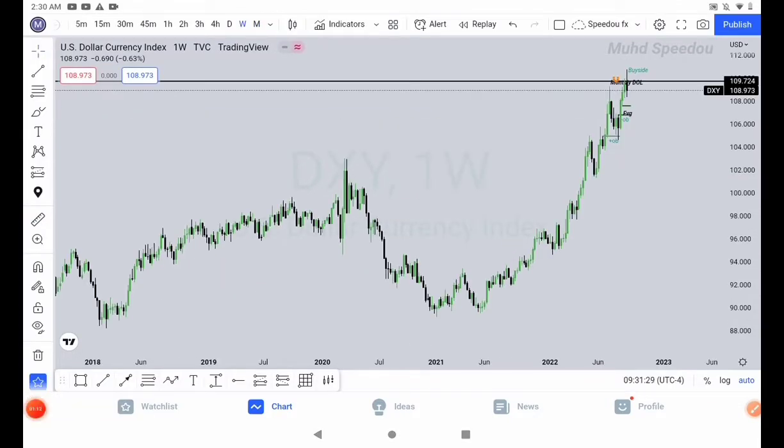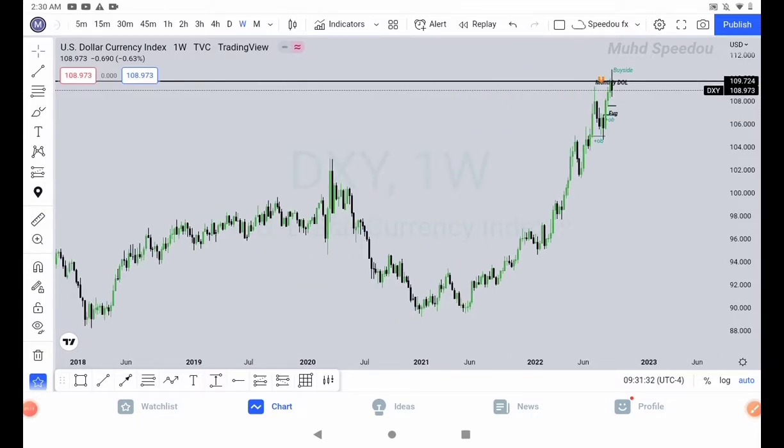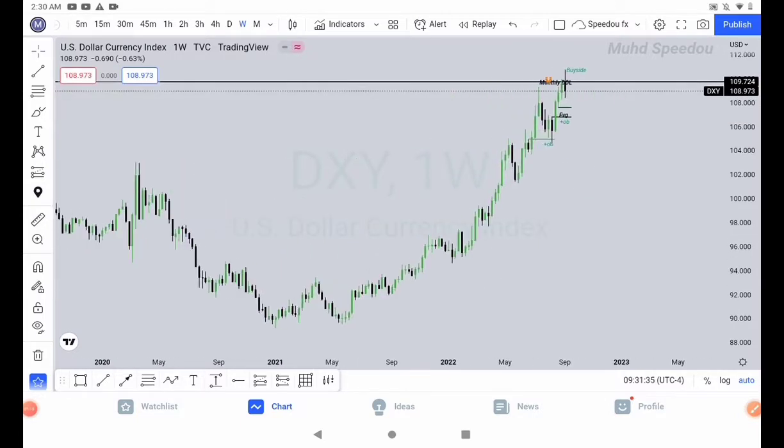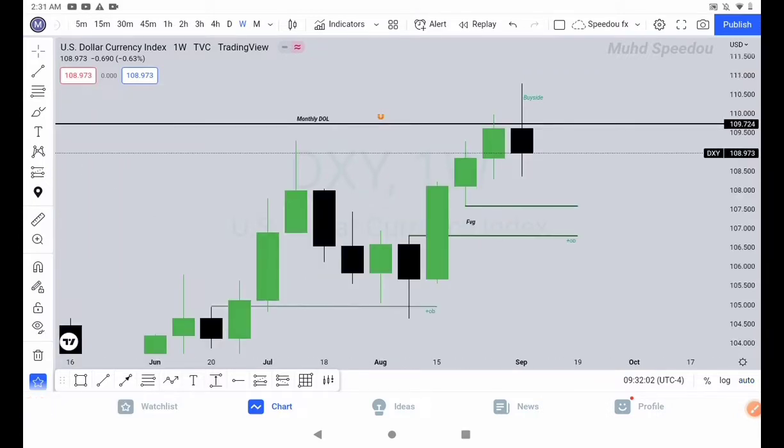Here we are on the weekly time frame, and let's zoom in and see all the price action in detail. I zoom out the chart, and as you can see, I already put on my annotations. Right here is the monthly buy side liquidity that price came and took out.